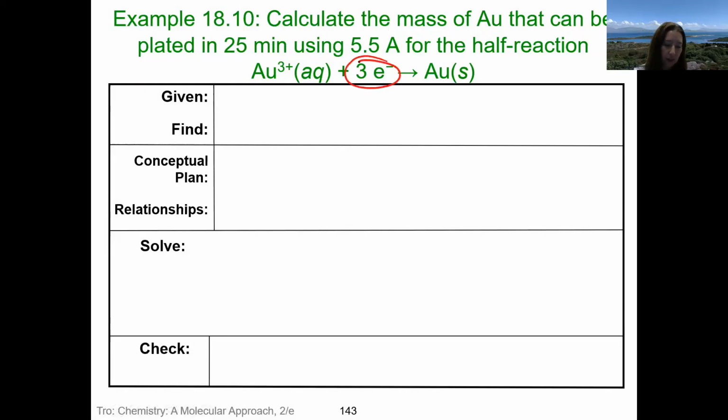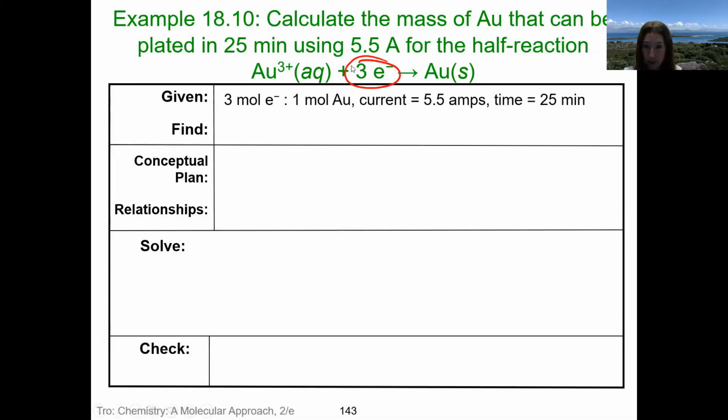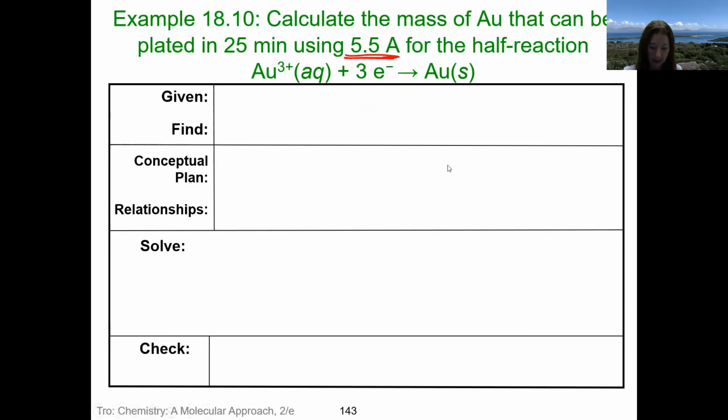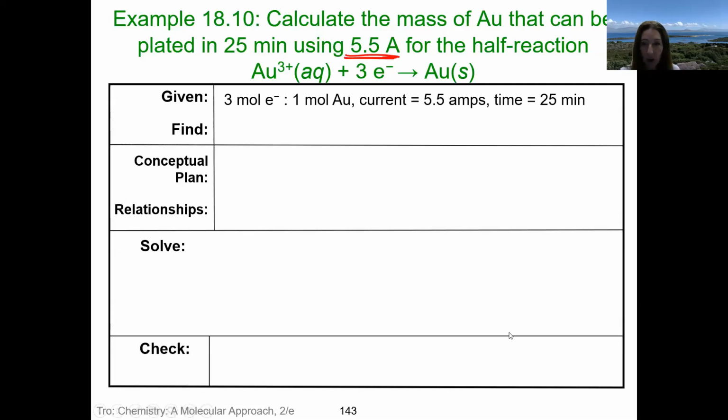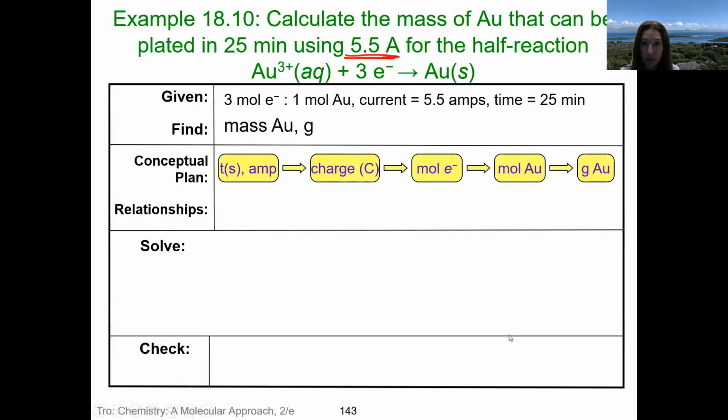So you can see here, we're just doing a half reaction. The number of moles is 3. So we have 3 moles of electrons. This is 5.5 amps. 5.5 amps, again, is the same as 5.5 coulombs per second. And then we have our other conversion, which is using Faraday's constant.